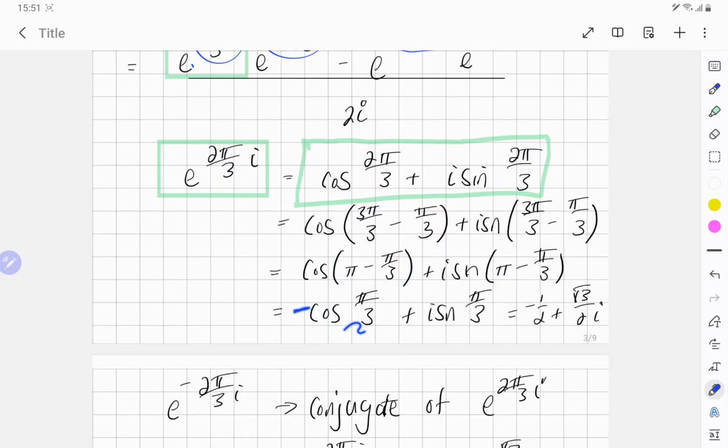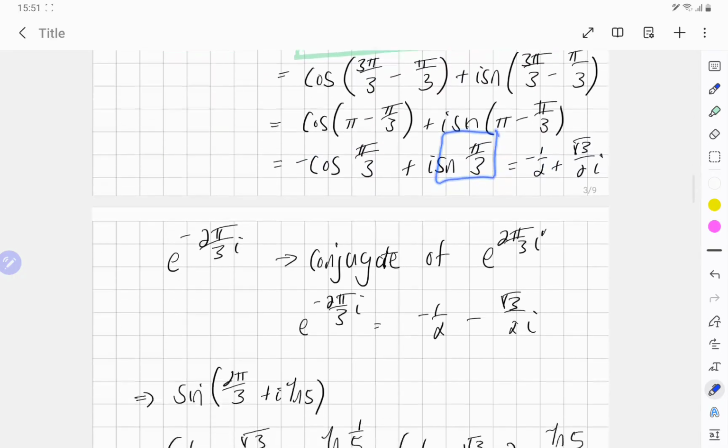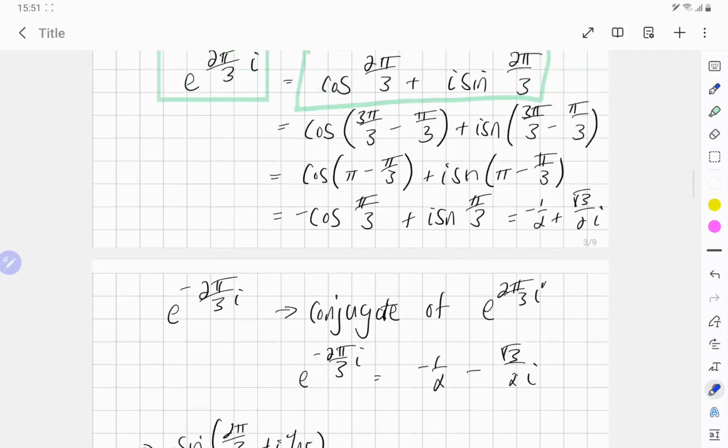Hence the negative cos pi over 3. Sine in this quadrant is positive, hence the positive. Then cos of pi over 3 is a half, the negative, that's where the negative comes from, and sine of pi over 3 is root 3 over 2.